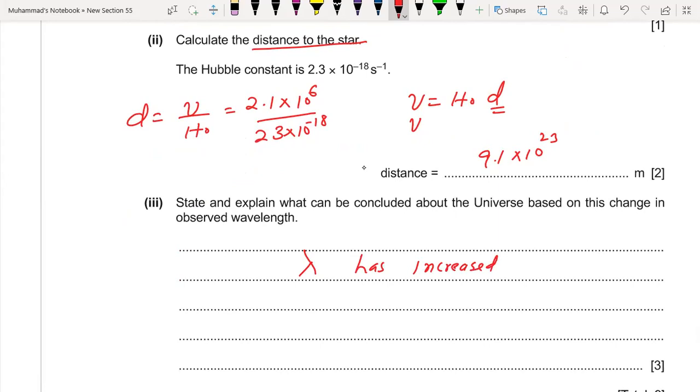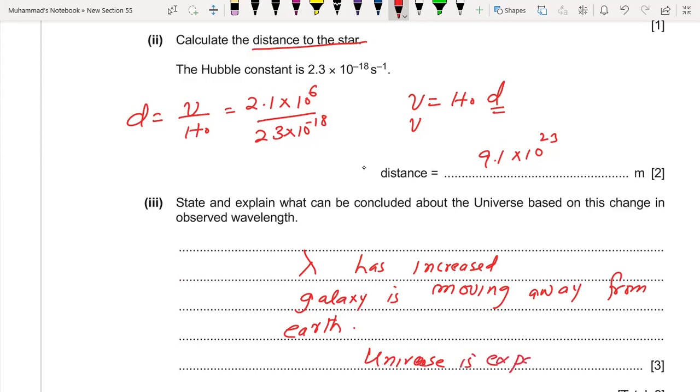So this shows that the galaxy is moving away from Earth. If it is moving away from Earth, this proves that the universe is expanding.